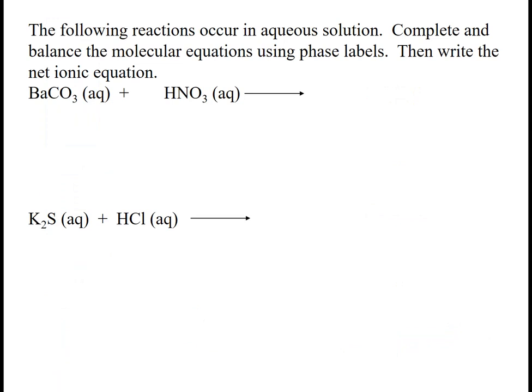All right, now to an example. Again, it's going to be double replacement. So the barium is going to go to the nitrate. So I have Ba 2 plus and NO3 minus, so it becomes Ba(NO3)2, and that's aqueous, plus the double replacement here is going to be H plus CO3 2 minus, so that's going to be H2CO3.